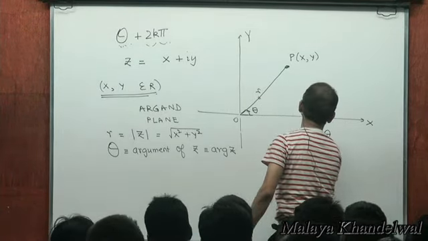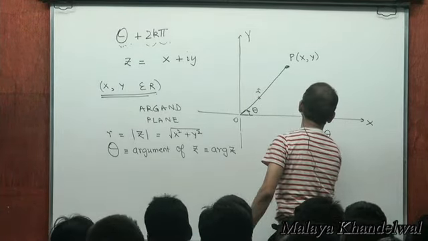Let's focus on some very basic things so that we can jump into ellipse in a circular manner. Suppose there is a point P here. Say this angle is 3 pi by 4. This represents a certain complex number, right?